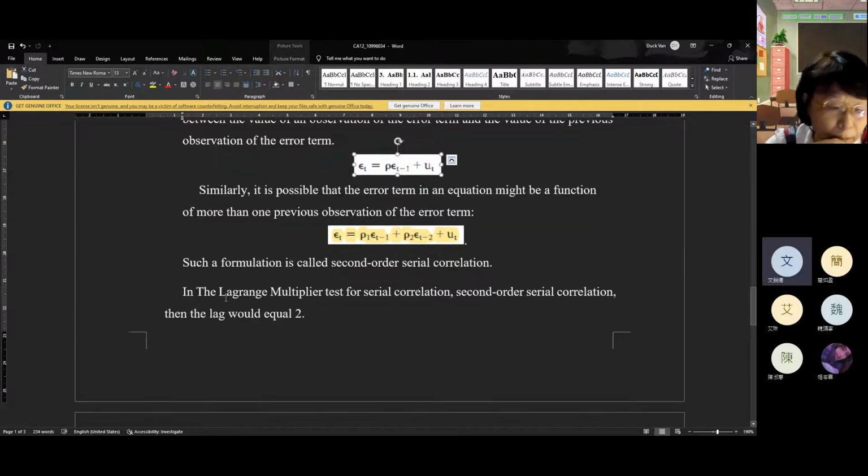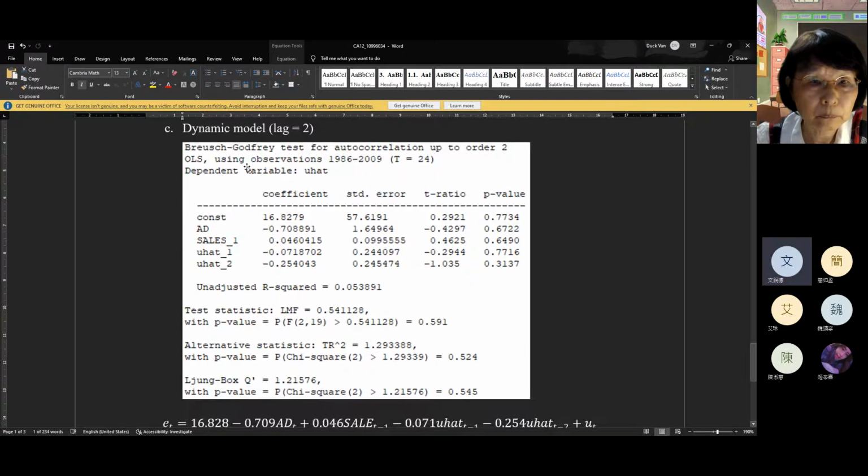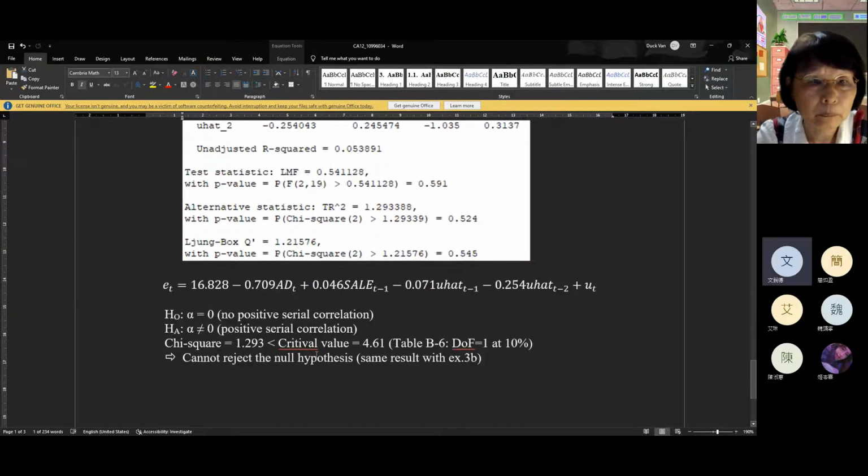In the Lagrange multiplier test for second order zero correlation, the lag equals 2. The formula for this one is nearly the same as 12.18, but I added the time lag. And the dynamic model from C, I do it with 2, and I have the same result as number 4: we cannot reject the null hypothesis.